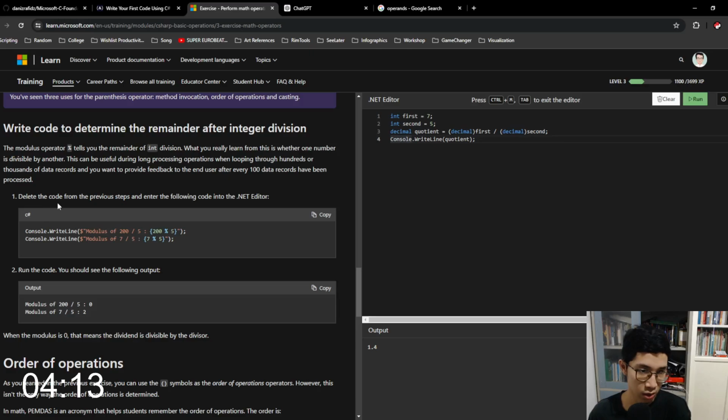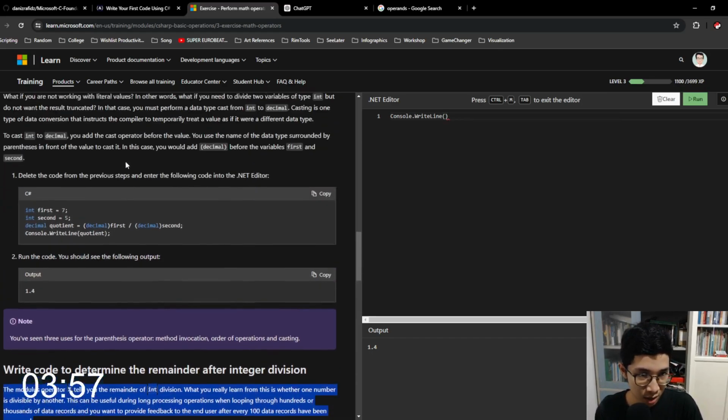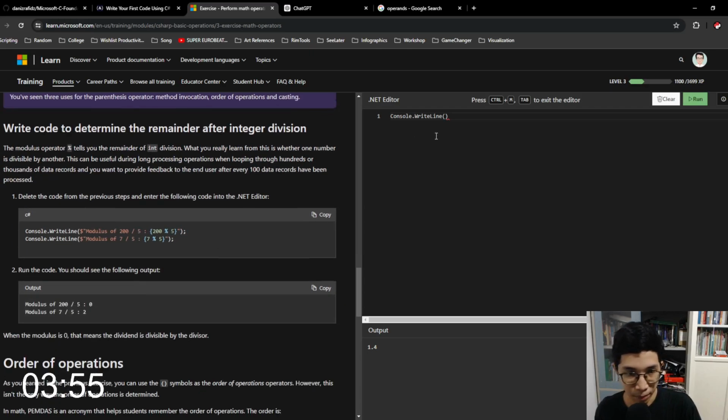Okay, so delete the code of the previous steps. Okay, Console.WriteLine. Sometimes an example is easier to understand than just theory, rather than just a passage. Example is the best for my understanding, as always.